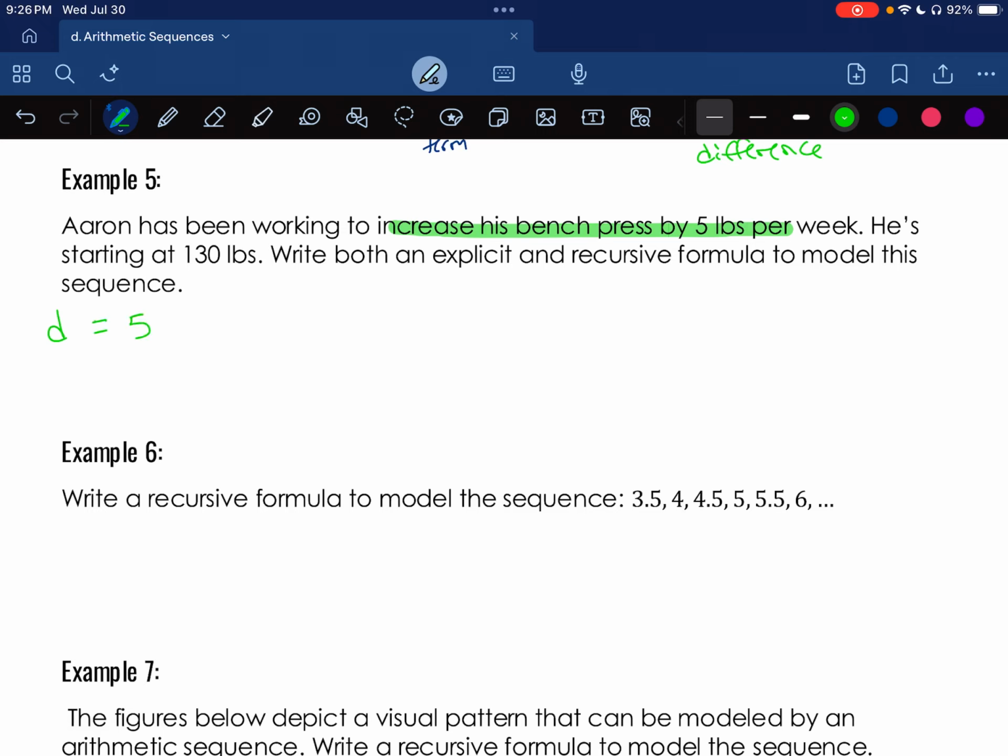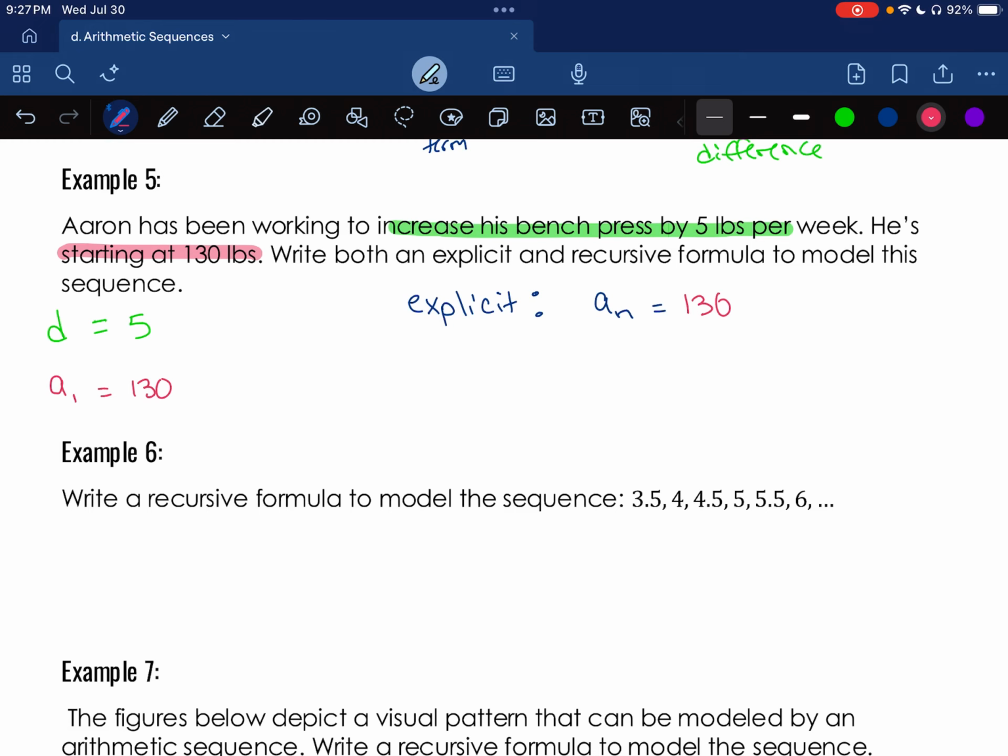I want to write both explicit and recursive forms for this so that we can compare. So the explicit form, which is what we were just writing, looks like a sub n is equal to 130 plus 5 times n minus 1. And now, like I said, I can figure out what Aaron's bench press would look like 13 weeks from now by just plugging that in.